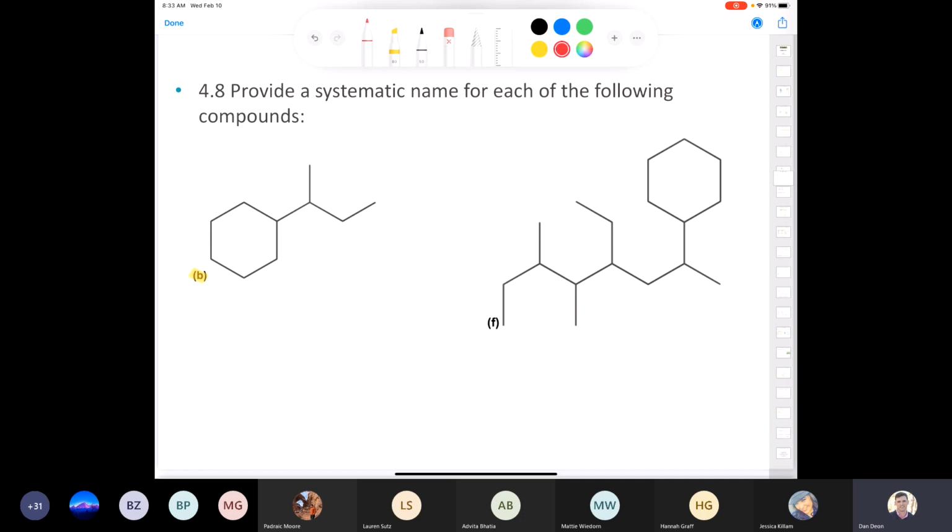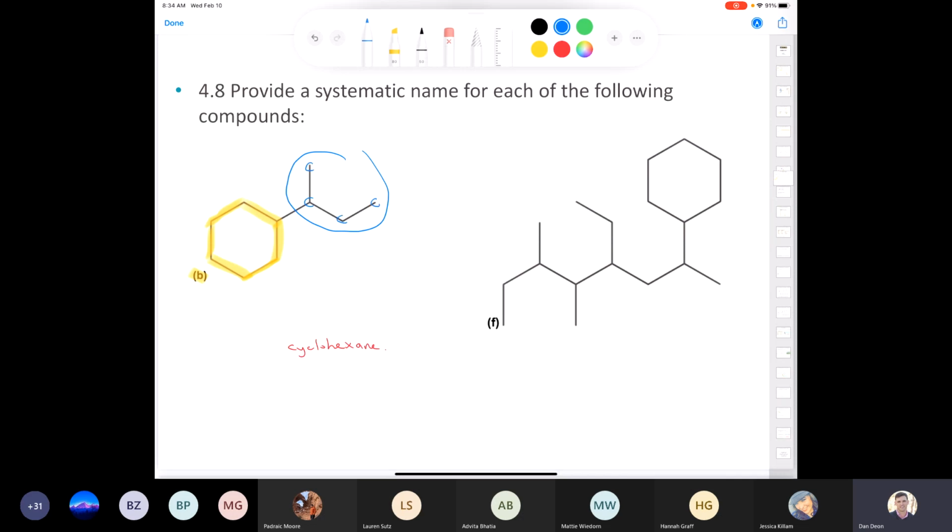I have 1, 2, 3, 4, 5, 6 in here. If you want to highlight it, 1, 2, 3, 4, 5, 6, like that. I have 6 carbons. That is my longest carbon chain. 6 carbons in a straight chain is hexane. Since these are in a ring, this must be some kind of cyclohexane.